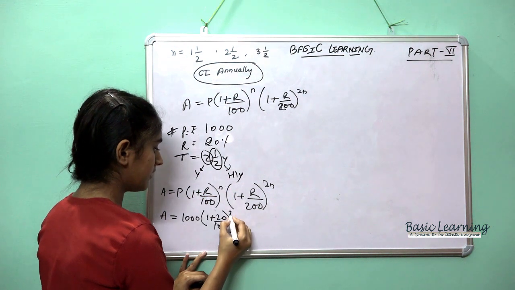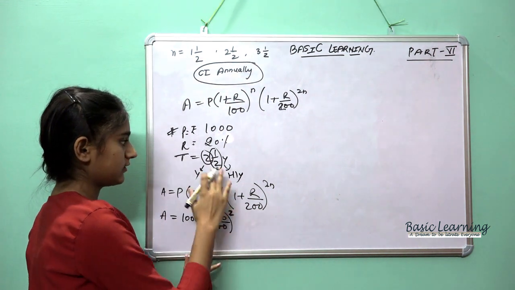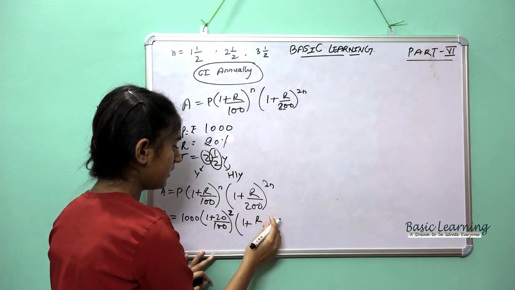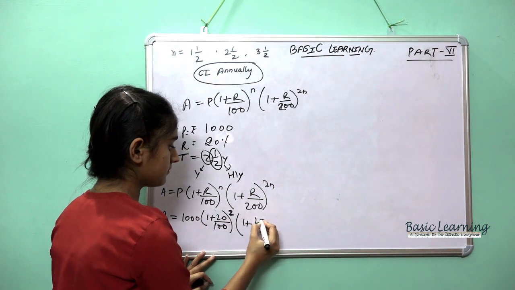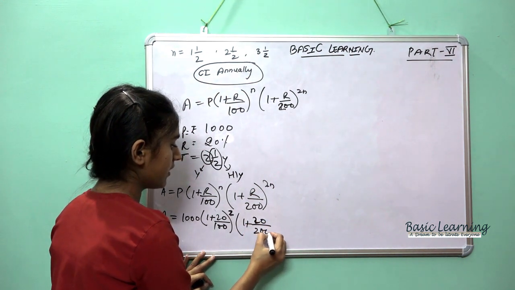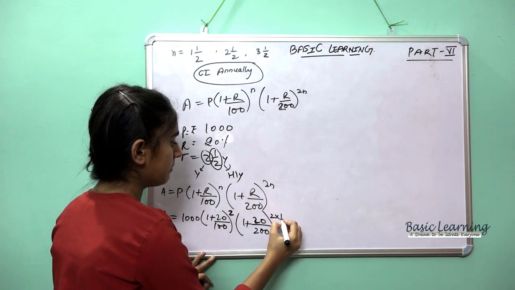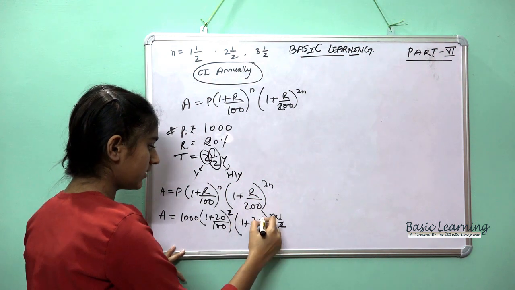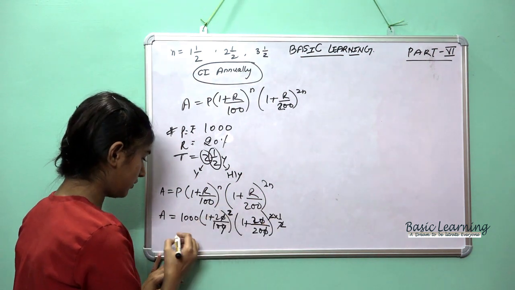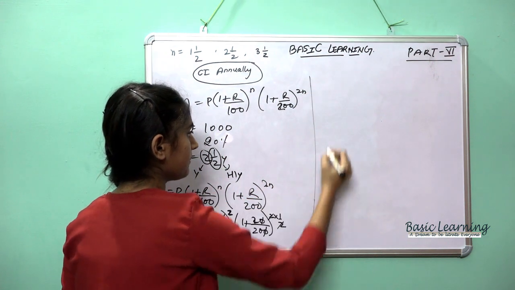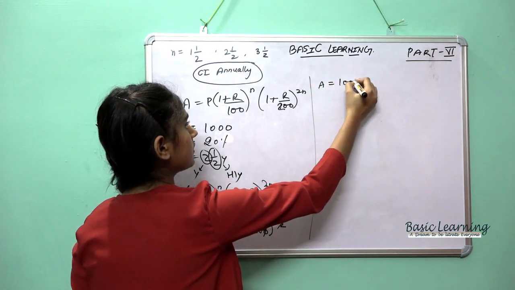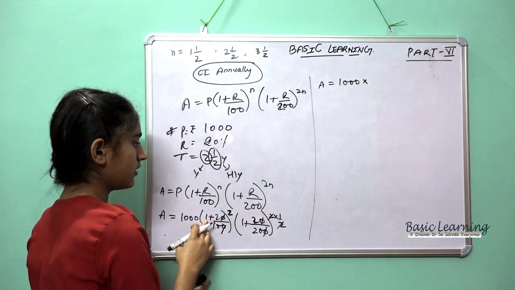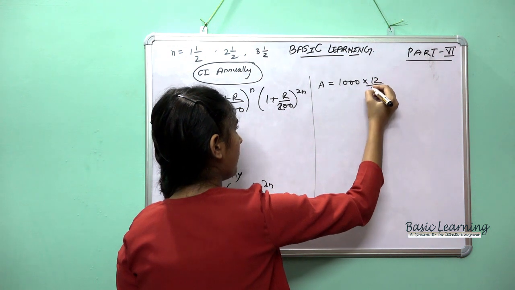This is the second part, 2 years for the yearly basis, and here 1 plus R is 20% upon 200 to the power 2 into 1 upon 2. 2 reduced by 2. Now 0 reduced by 0, 0 reduced by 0. So the amount will be 1000 into, taking the LCM, 10 ones are 10 plus 2, it gives 12 upon 10.